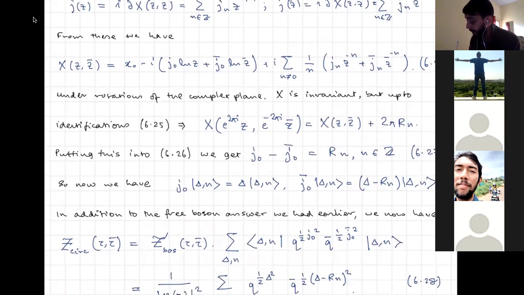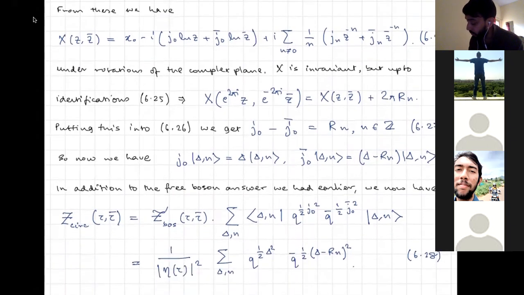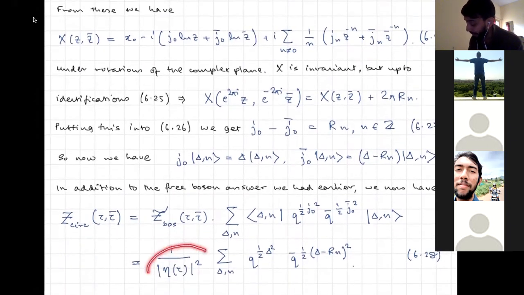So if you do this, you're going to get the eta squared again, and you'll have these extra pieces, which will give you q to the half delta squared out here, and q bar to the half delta minus Rn squared here.